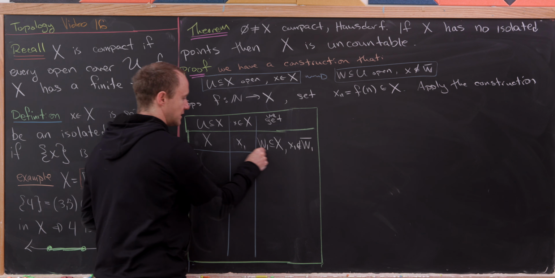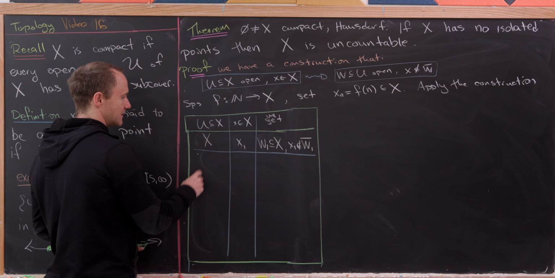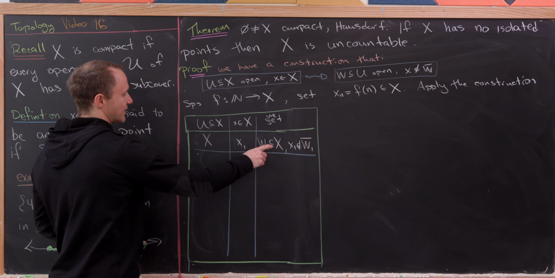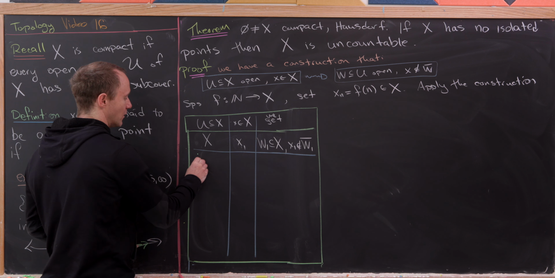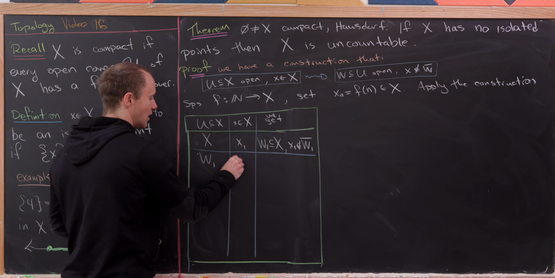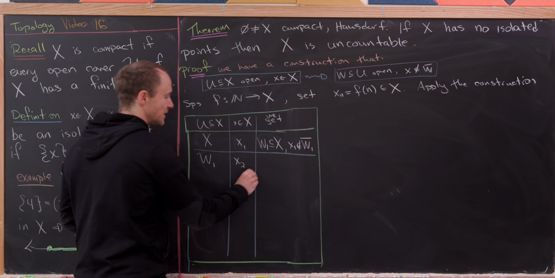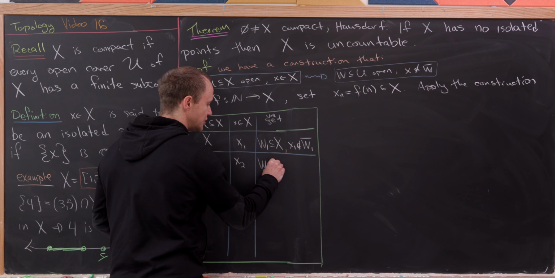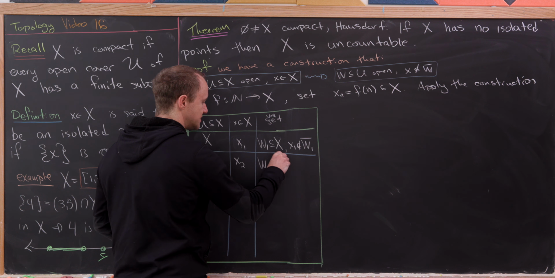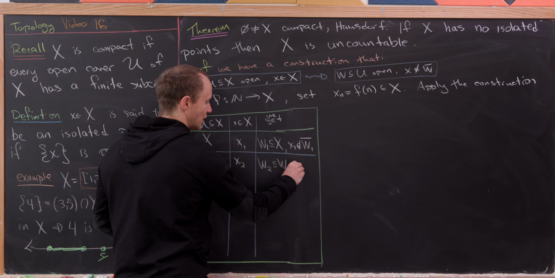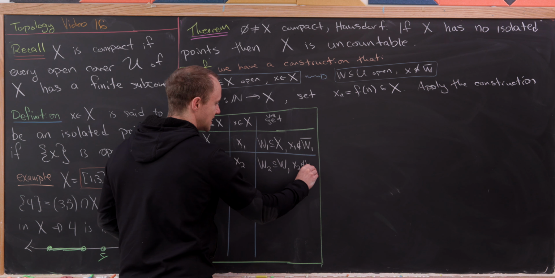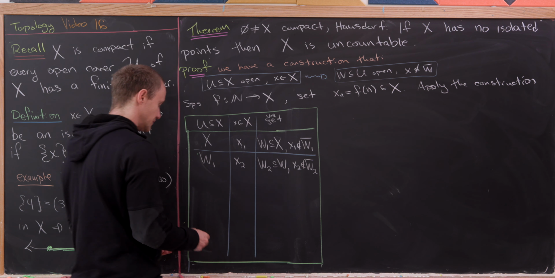Now the idea here is just to keep doing that, but starting with the open set that we ended with before. So now we start with W1 and the point x2. That gives us a W2 inside of W1, and x2 is not in the closure of W2.